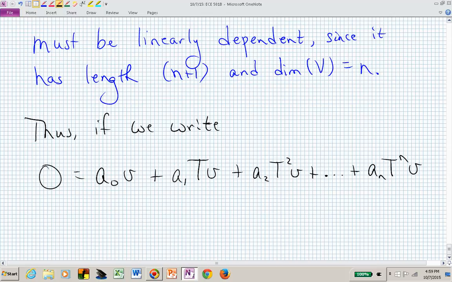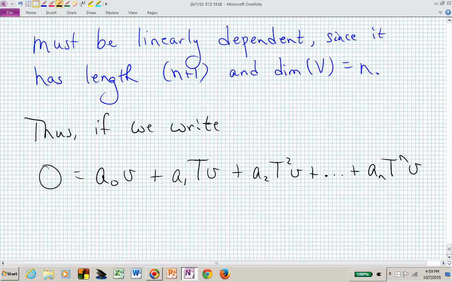So now we have at least one of those being non-zero, right? But we can write one of those as a linear combination of the others. So we really have a set of non-zero a's.